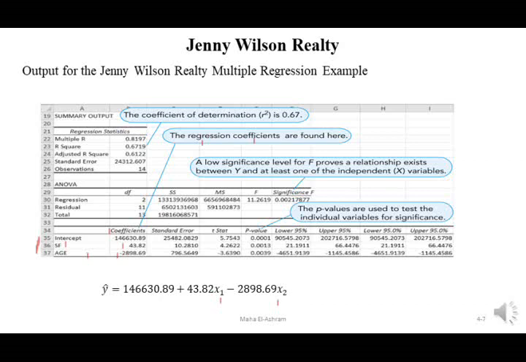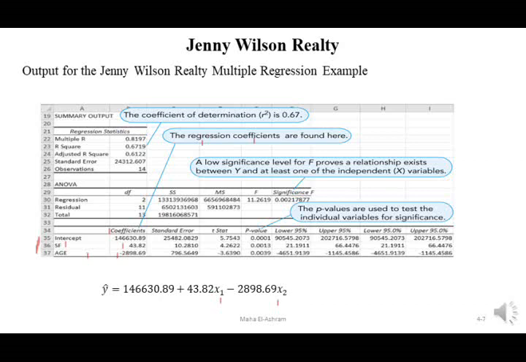The intercept is B naught. So we take this number and write it as the first number. And then plus B1 X1. We know that X1 is the square feet or the size. Here is the coefficient of X1.